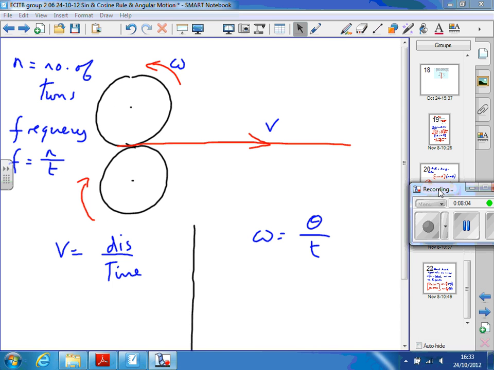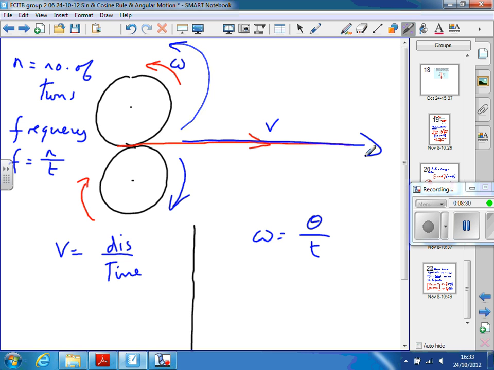So how does this apply to this idea of angular velocity and linear velocity? A few definitions. This represents 2 rollers, one rotating anti-clockwise, so that's this one here, and one clockwise, going this way, and pushing out some material.